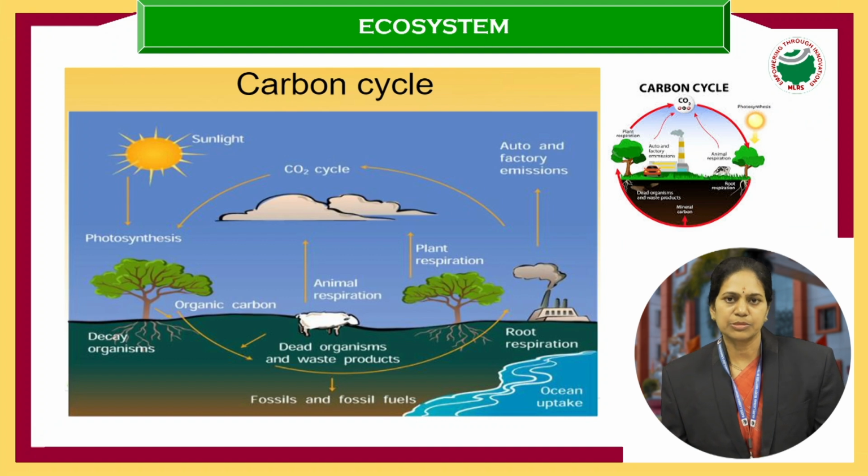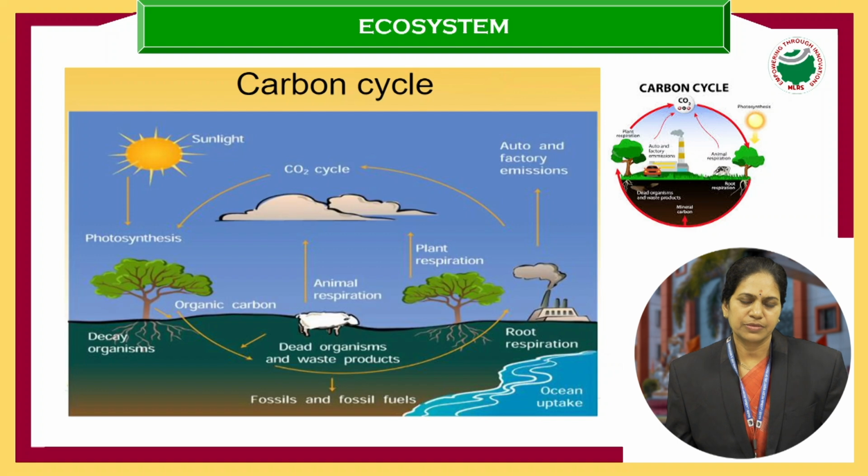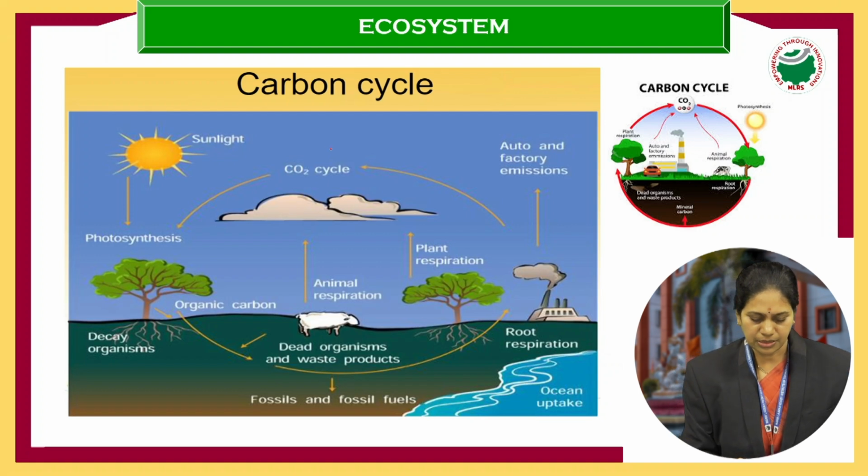Next, the carbon cycle, or we call it the carbon dioxide cycle. It is one of the very important gases in the atmosphere. The present percentage of carbon dioxide in the atmosphere is 0.04%. One of the main greenhouse gases is carbon dioxide. You can see here the carbon dioxide cycle.